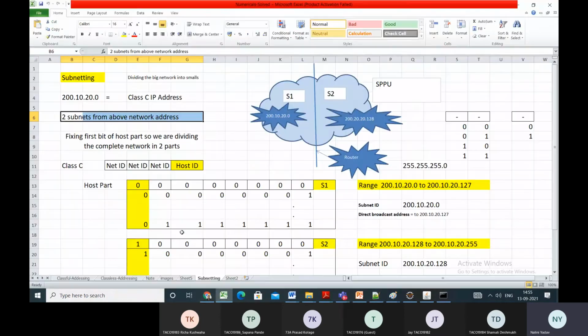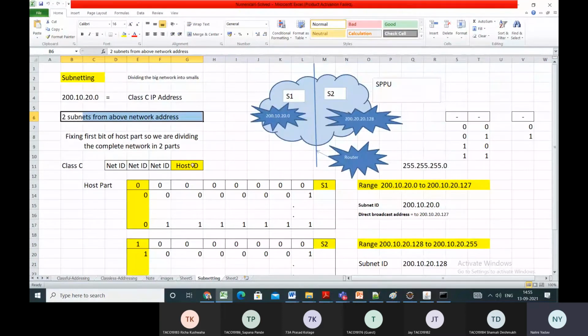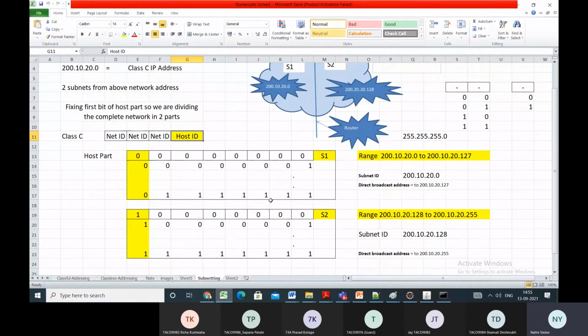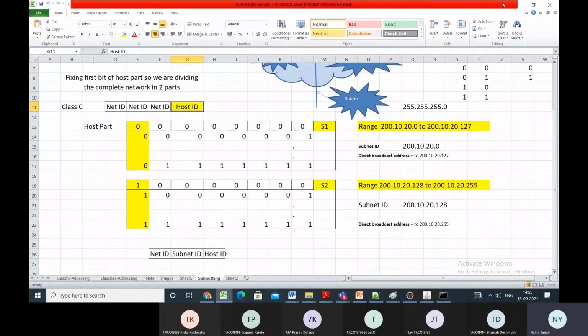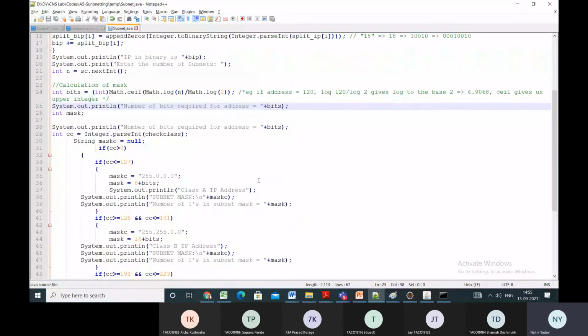With this example, we can see that here we have calculated the total number of ones which are required, correct? How much part do we take from the host? We take a single bit from the host, because we need 2 subnets only. So those many number of ones will be there for a given address, correct? For a given address. So this is my subnet.java.